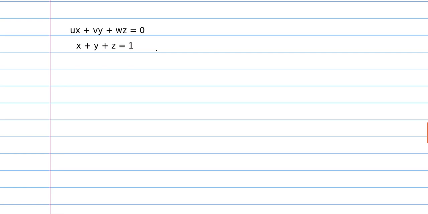But if we were to multiply the entirety of this equation by some constant k, then we get u times kx plus v times ky plus w times kz is equal to 0, obviously. And we also have that kx plus ky plus kz is equal to k.